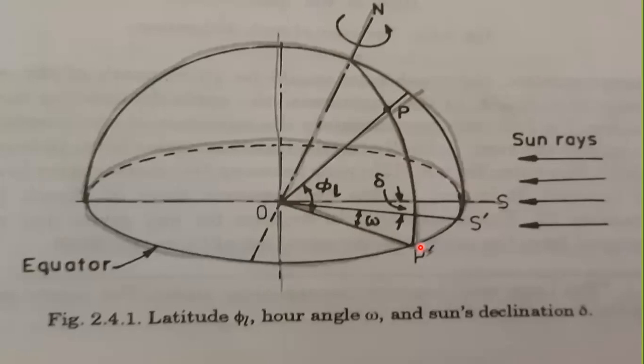It is the angular distance north or south of the equator, measured from the center of the earth, so from north to equator or south to equator.